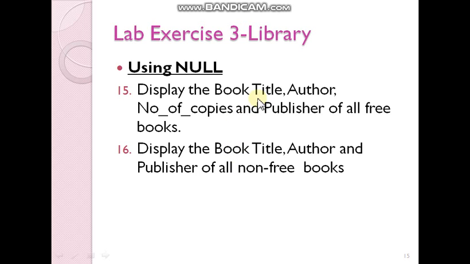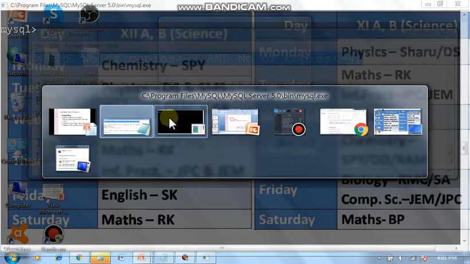Query questions. We need to display the book details of all free books. Free books means the price must not be there. When we look at the table given, you can see one book doesn't have any value for the price. So that is null there. We want to display the books of that type.